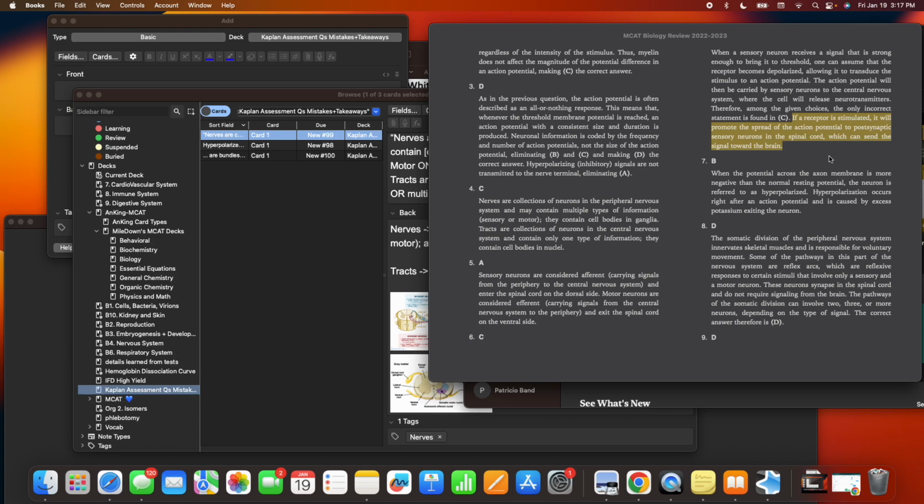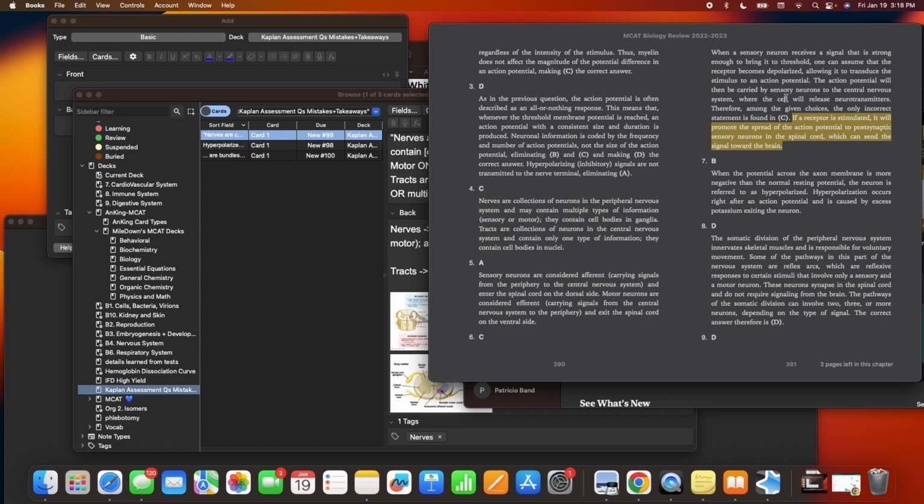And what else? Let's look at this again. When a sensory neuron receives a signal that is strong enough to bring it to threshold, one can assume that the receptor becomes depolarized, allowing it to transduce the stimulus to an action potential. The action potential will then be carried by sensory neurons to the central nervous system.